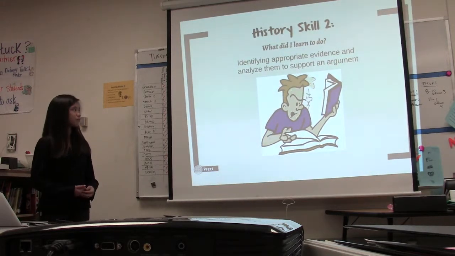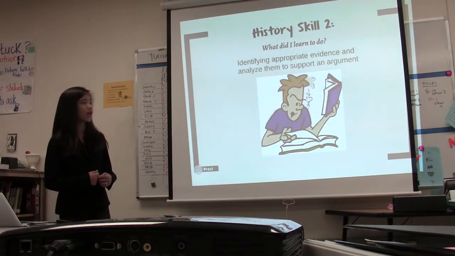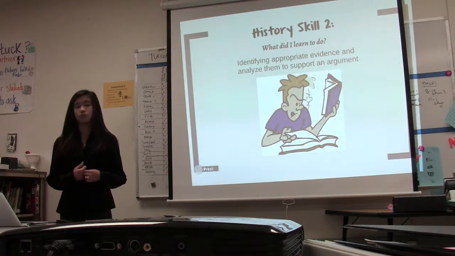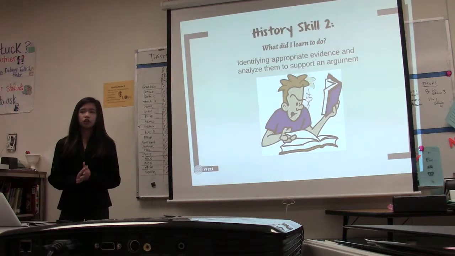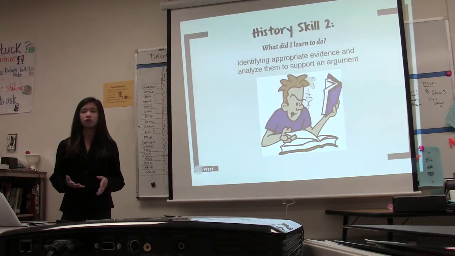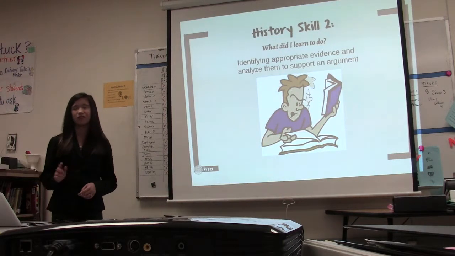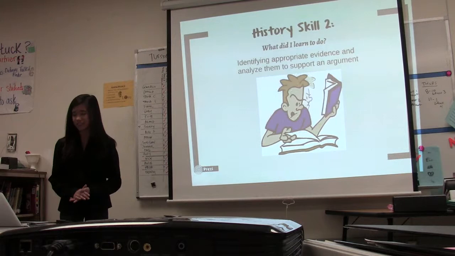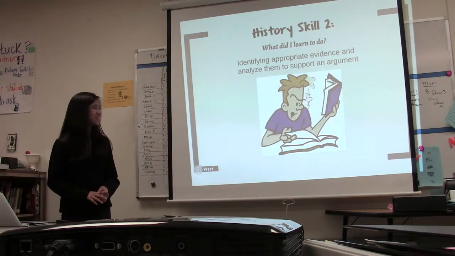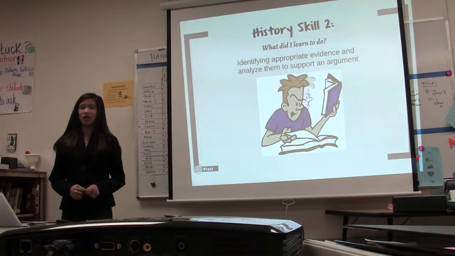History skill number 2 is identifying appropriate evidence and analyzing it to support an argument. When did I do this? We did this in the academic controversy structure.